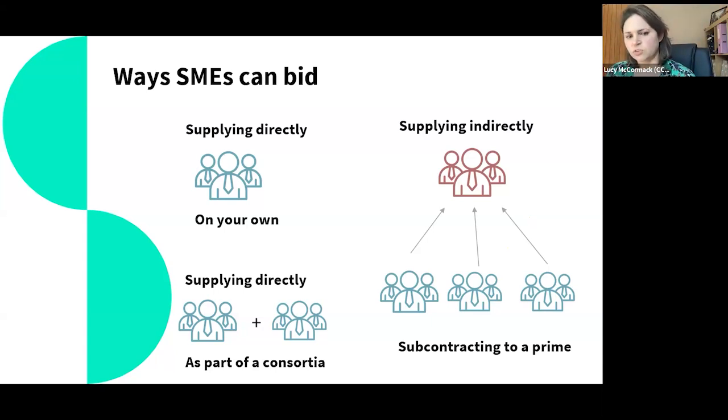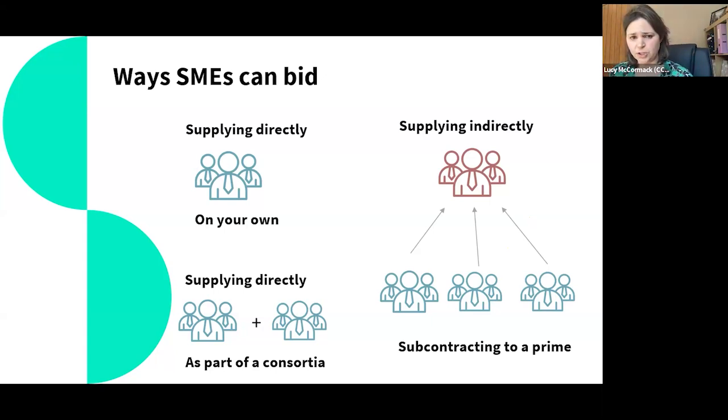So bidding as a consortia, where you combine with another SME or several other SMEs who offer complementary services to those which you offer, can enable you to bid for opportunities that on your own would not have been possible. And that's why we've got a big focus this year on ensuring that we have the appropriate guidance in place to enable more SMEs to feel like they're effectively able to do that.